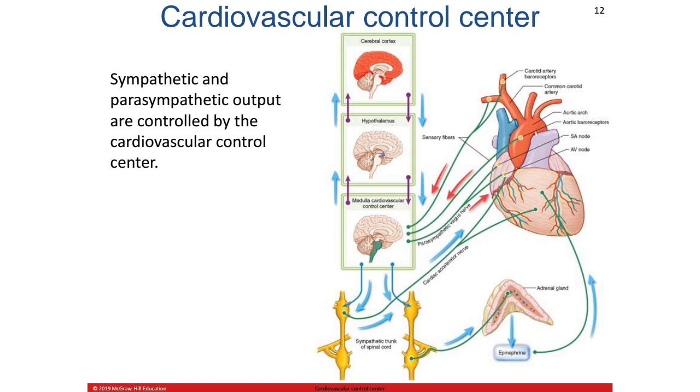For example, you have baroreceptors, which are pressure-sensitive receptors in the carotid arteries, as well as in the aortic arch. And so those monitor your mean arterial blood pressure. So this cardiovascular control center is essentially controlling the sympathetic and parasympathetic output that we've just talked about, and therefore can increase or affect the heart rate as well as heart contractility.